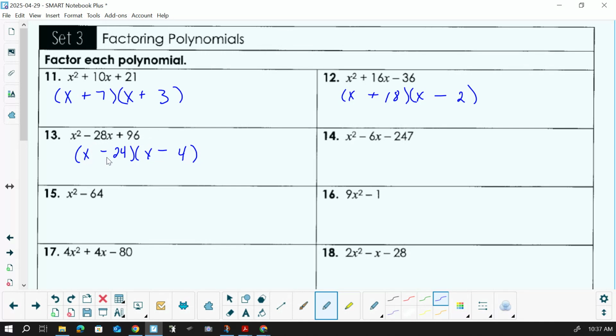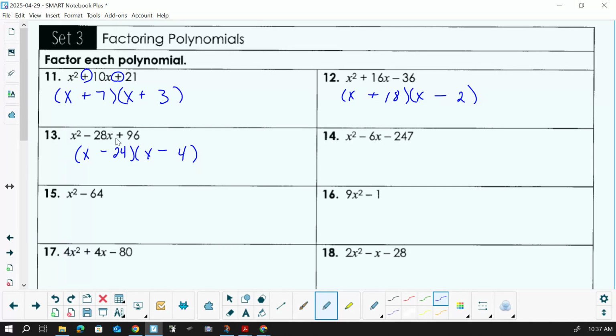And you're going to start to get these patterns. If they're both positive, they're both going to be positive. If the first one's positive and the second one is negative, they're going to have to be different signs. Okay? So here's the first key. If the second thing is positive, they have to be the same sign. Okay? If the first one is also positive, they both have to be positive.